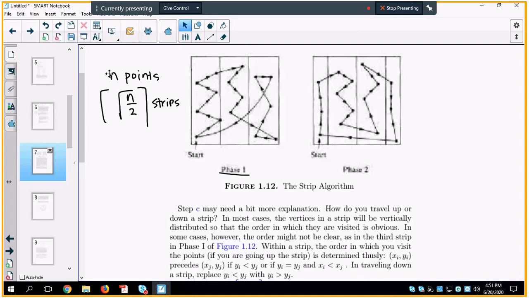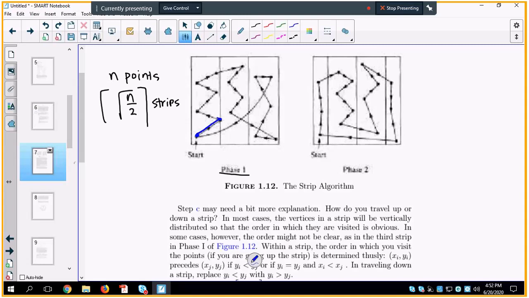So what we do is we locate the first dot that falls in a strip. If this strip was blank, then that would be okay. We could move to the second strip, but it's not, so we just choose the closest one to the bottom. And in the first strip, we're making our way upward. They also said that if a point falls exactly on the dividing line, then we just count it as a part of the left strip.